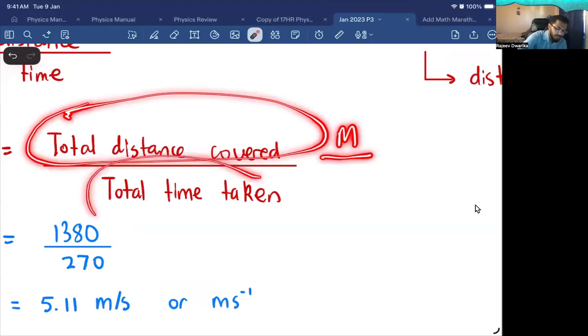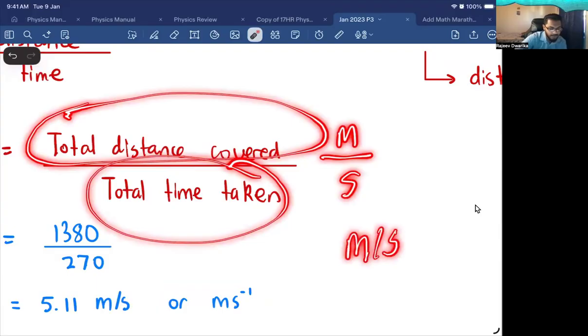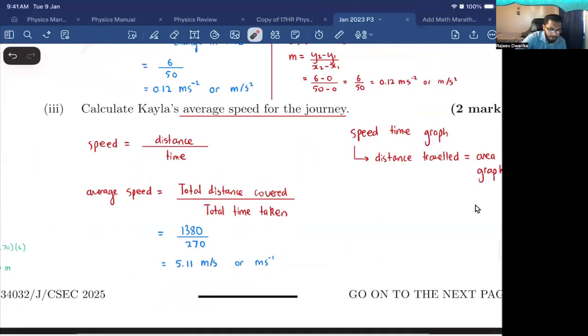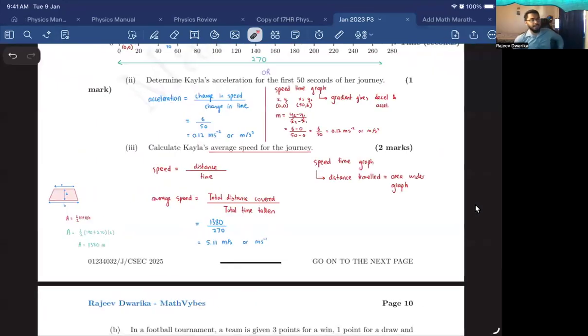Right? Time measured in? Seconds. Right? Meters per second. You okay with this, right? Yes, I understand, sir. So hope everybody is okay with that.